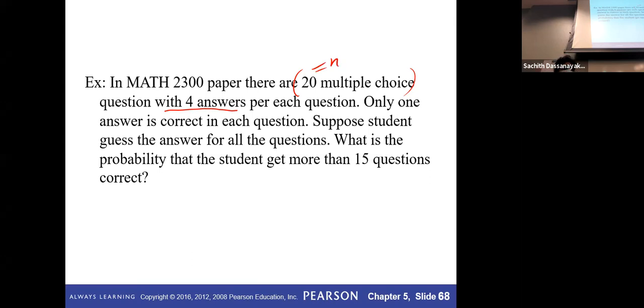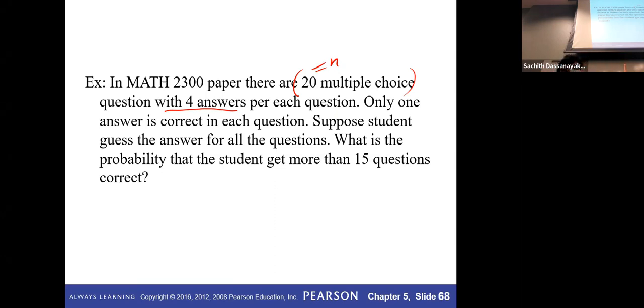Now, the next thing is to find the success probability. I don't need to tell you what success is: success means having a correct answer. Consider one multiple choice question, which means one trial. How do you find the success probability? Success means a correct answer. How many correct answers are there in a particular question?